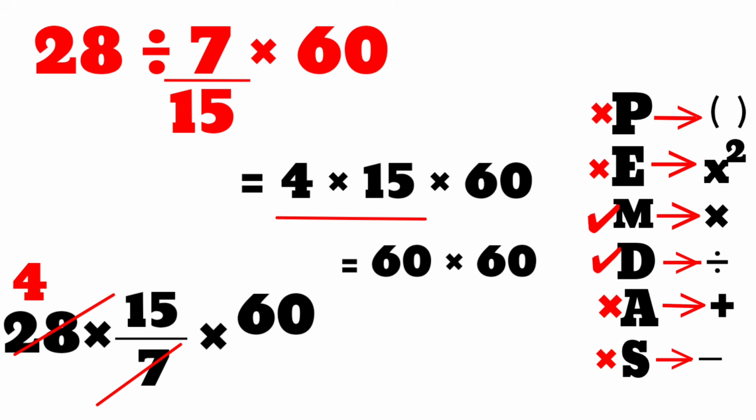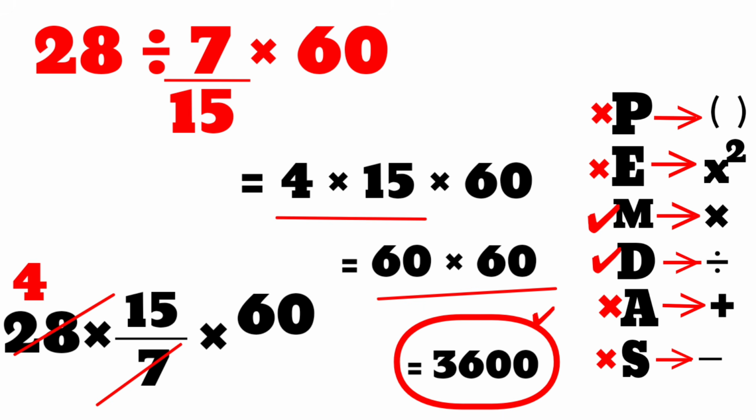We do the multiplication between 60 and 60. After multiplication, we get answer 3600. 3600 is the correct answer.